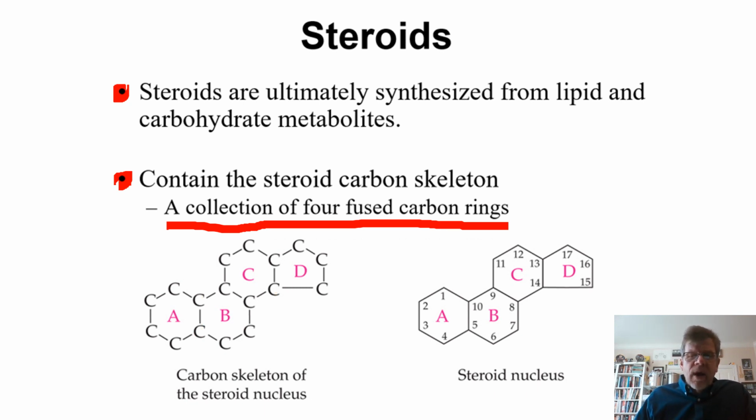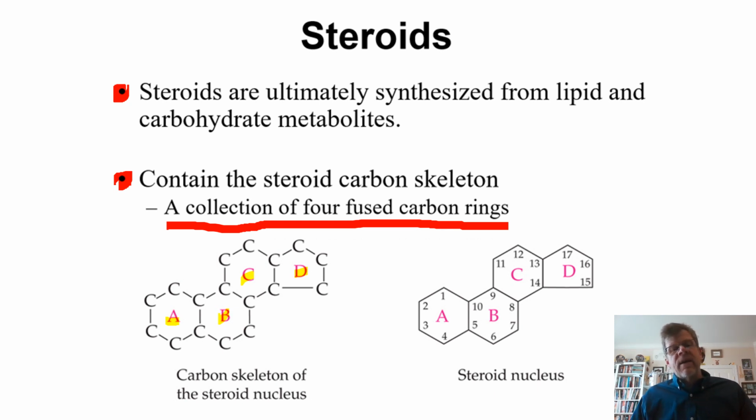There are four rings, and they are given the particular letters A, B, C, and D. We always see this, and within there, it is a 6, 6, 6, 5 fused ring system written like that. Once you get used to the structure of steroids, they're very easily pulled out from a representative lineup.